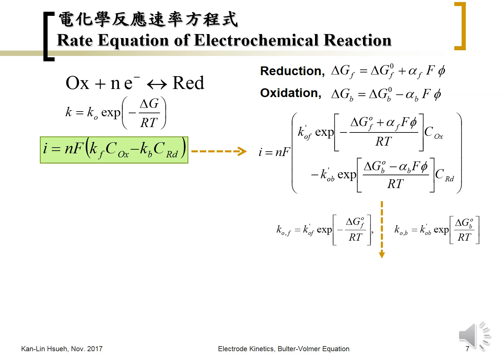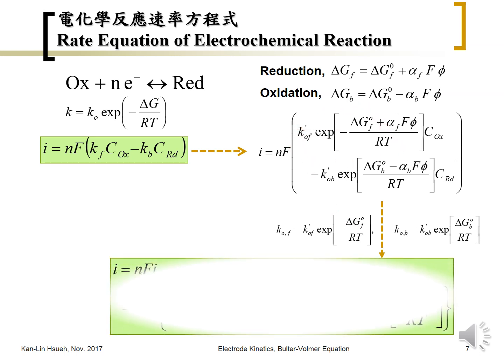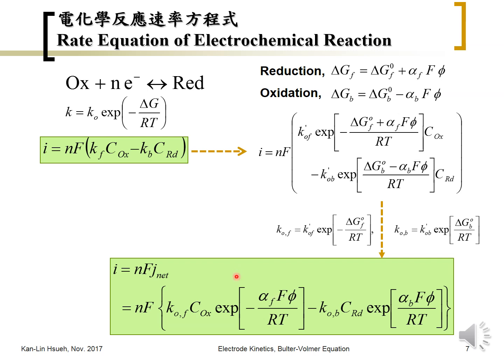So over here we use this K0F equal to K0F plus times the exponential of minus this term over here, into a new constant, then it can be simplified like this.